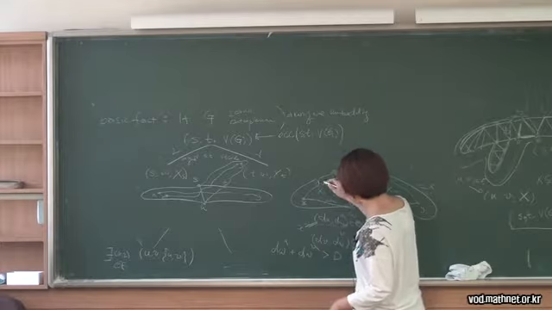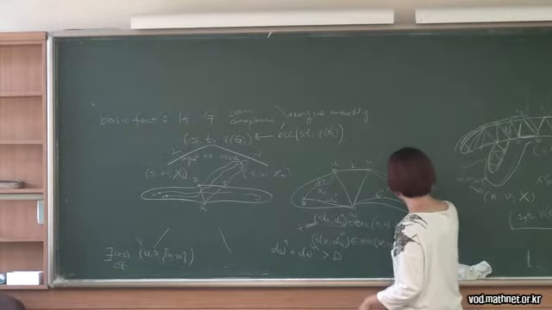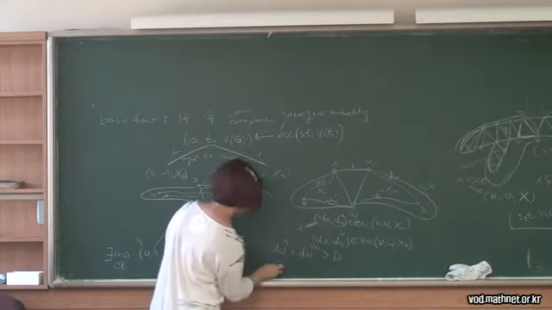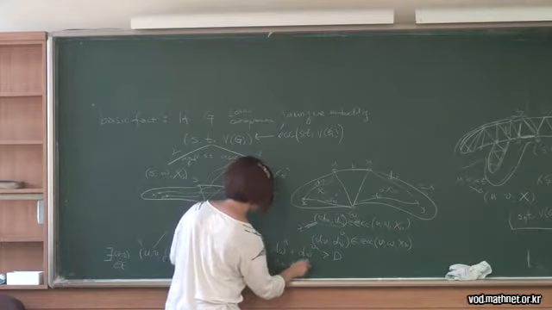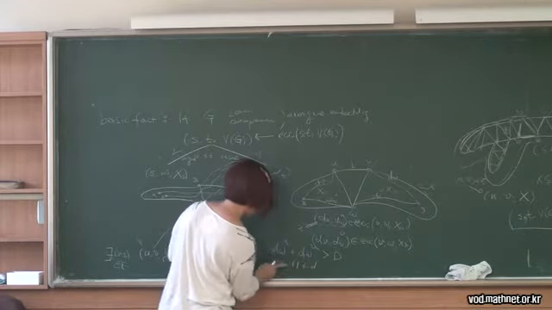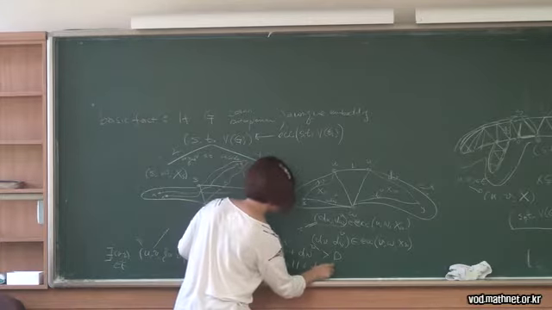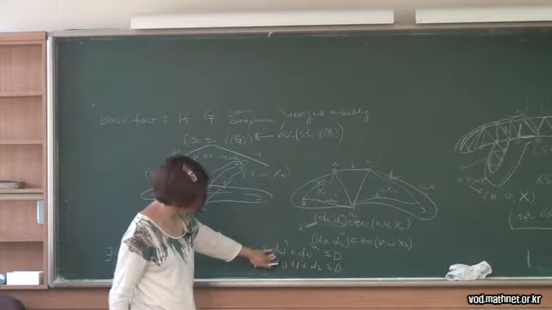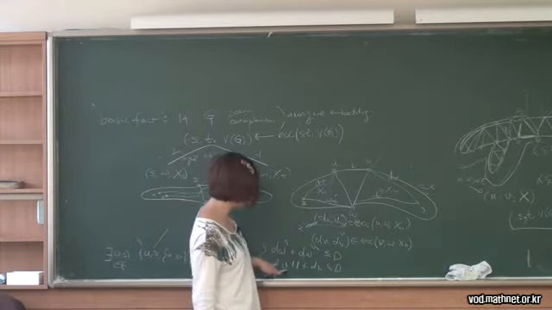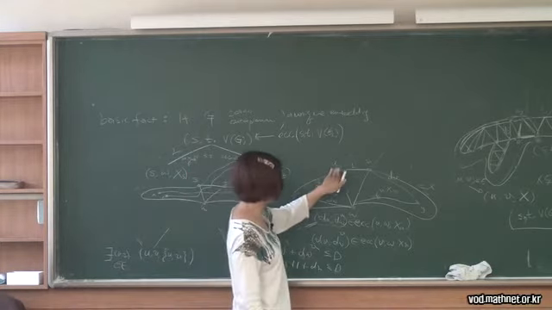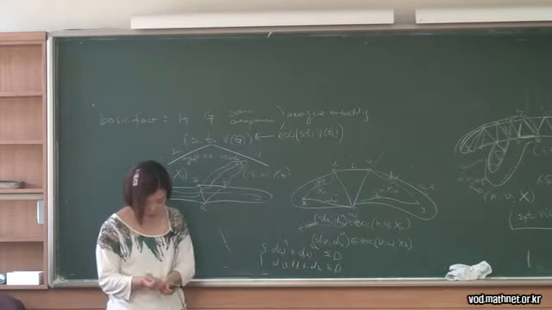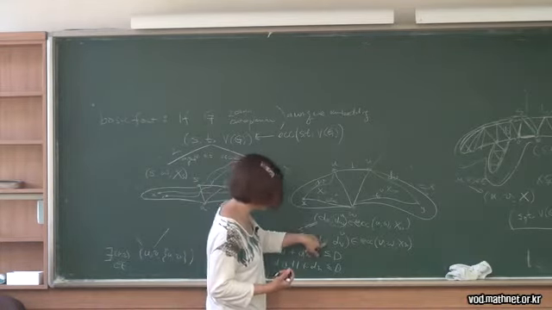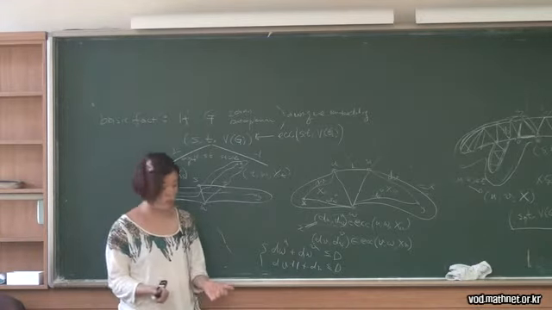Here the distance is d_U, here the distance is 1, here the distance is d_V. So d_V plus 1 plus d_U is the length of the path that goes through U and V, and the other is the length of the path that goes through W. So if both of them are bounded by d, then we know that for certain two vertices which realize this tuple, the distance between them will be bounded by d.